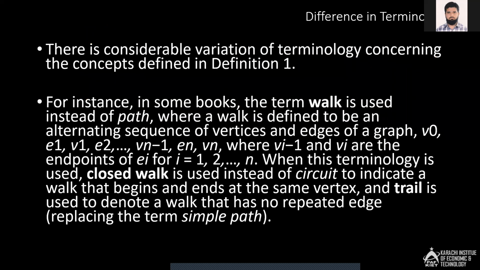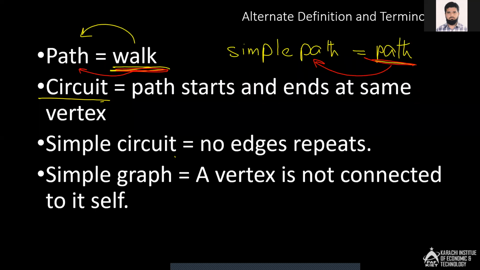Our book uses the second terminology. That means that path is equivalent to a walk, and a simple path is a walk with no repeating vertices, or a path, right? And there are some other definitions which are very trivial, so you can just go through them later on.